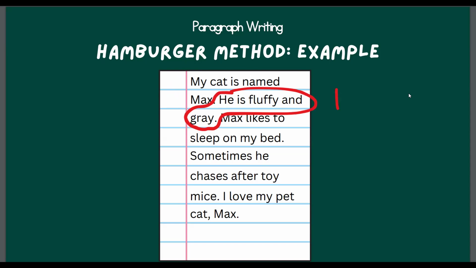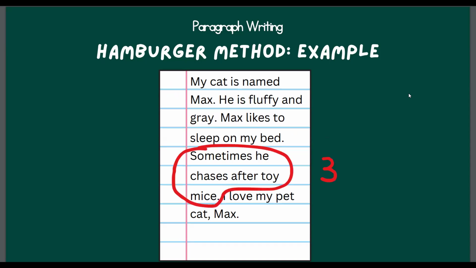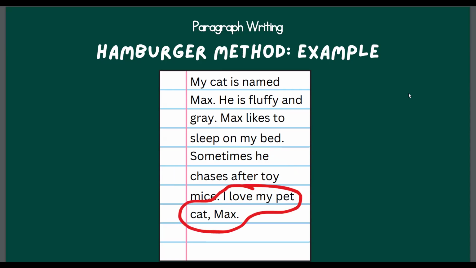He is fluffy and gray. That's one thing about Max, one detail sentence. Max likes to sleep on my bed. That's the second detail sentence. Tells you more about Max. Sometimes he chases after toy mice. That's your third detail sentence. And then finally, I love my pet cat, Max. I just retold that first introductory sentence in just a little bit different way. But basically, I said the same thing here.